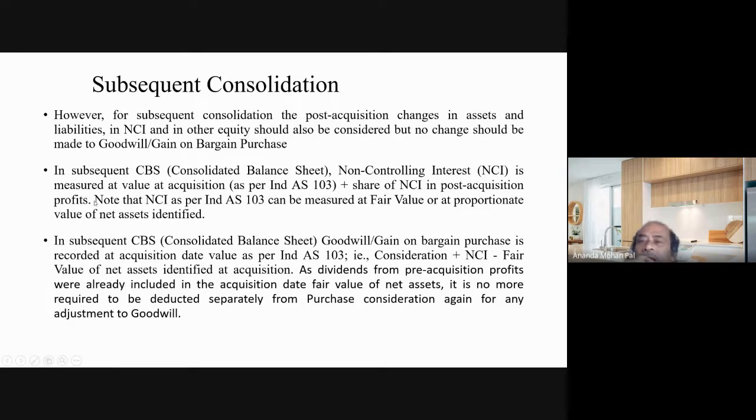Profits here means total comprehensive income, including other comprehensive income. So the share of NCI in post-acquisition profits implies post-acquisition total comprehensive income.